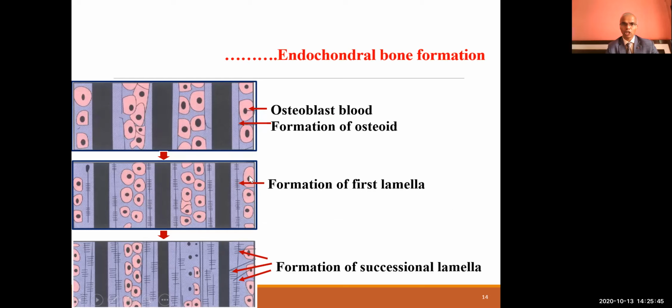And the osteoblast cells move away. With the formation of layer by layer osteoid matrix, these are mineralized to form the lamella. So there takes place formation of successive lamellae. So layer by layer, bone formation will take place.